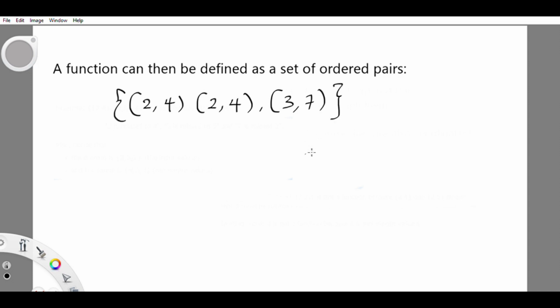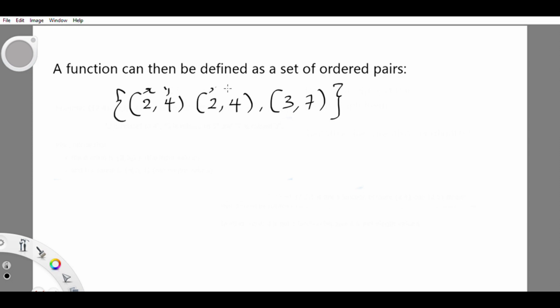Now, a function can also be written as a set of ordered pairs. For example, let's say we have 2 comma 4, and 3 comma 7. This is a function. Remember, these are also called coordinates. The first value is the x, next is the y.